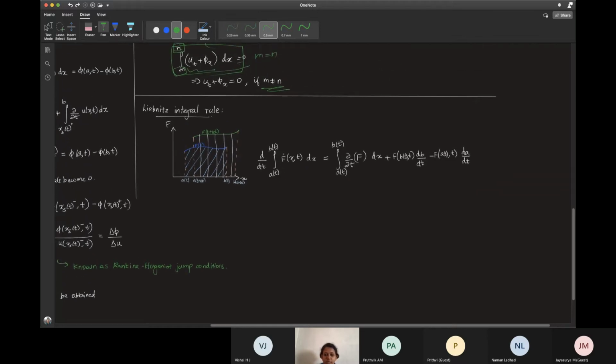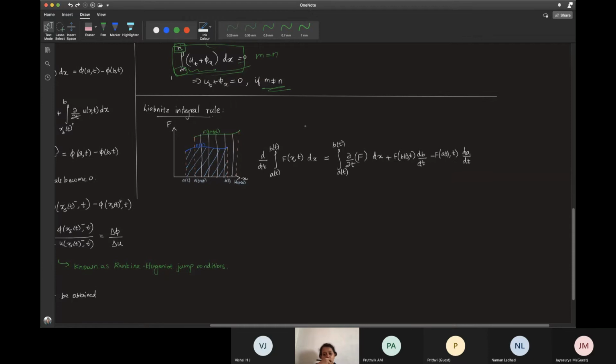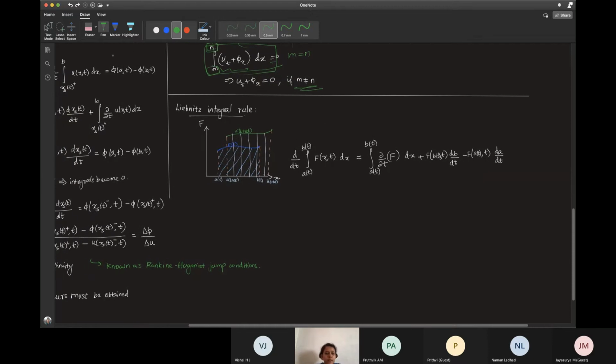So this is the integral of f of x comma t within limits a of t and b of t. Let's say this blue curve over here is your blue curve.